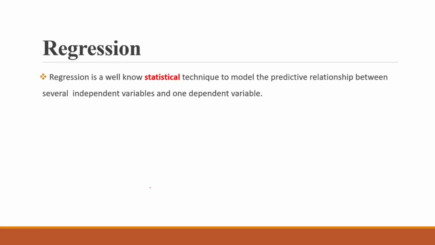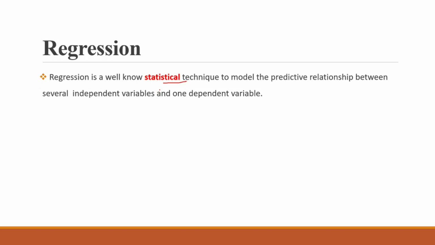Regression is a well-known statistical technique. See, the techniques we have seen are categorized either into computer science, that is artificial intelligence or machine learning, or on the other hand statistical methods, right?